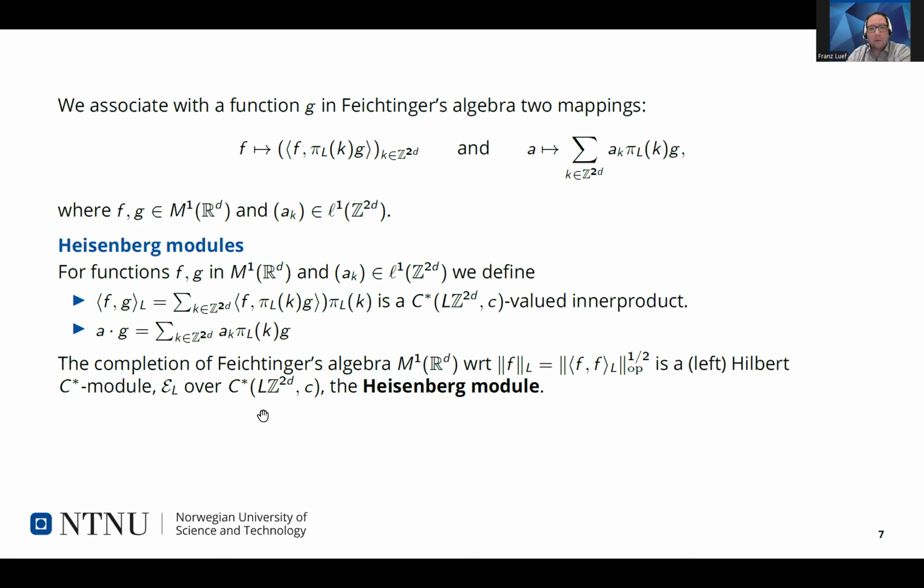Sorry, in the first line, when you define the two mappings, is it so the one that gets mapped to the sum, isn't it G instead of A? Or are you defining a map? The A is this mapping A, this operator, the sum of A_k pi L of K, this operator A in the twisted group. So it's a mapping defined on L1.